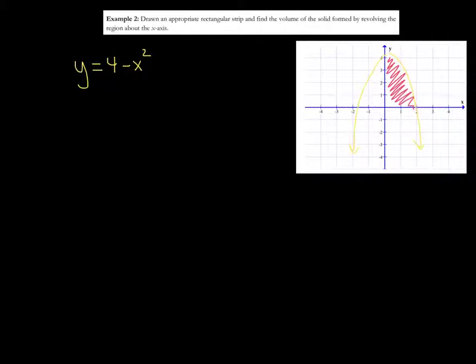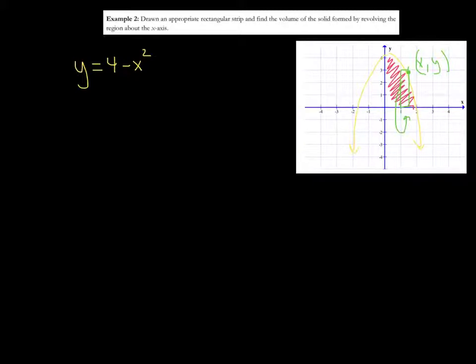And we want to take that and revolve it around the x-axis. So this, in our green, represents our representative rectangle, and we want to rotate that around the x-axis. If we call this point here x, y, we can see that y, once again, is our radius.